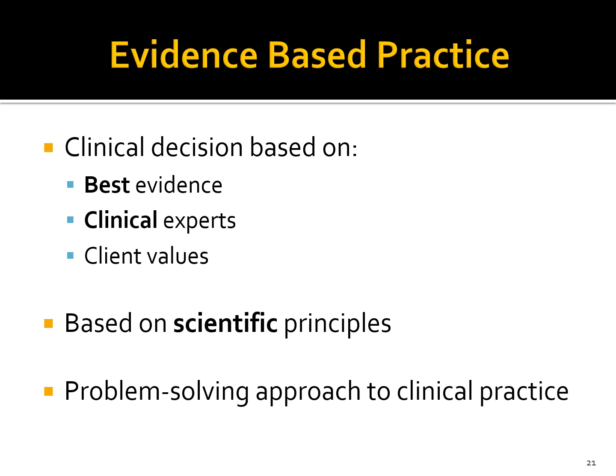So evidence-based practice. It's a clinical decision based on best evidence, clinical experts, and of course the client's values. These are based on scientific principles. It's a problem-solving approach to clinical practice. And like I said, we'll have a lecture explaining evidence-based practice at some point in the semester.